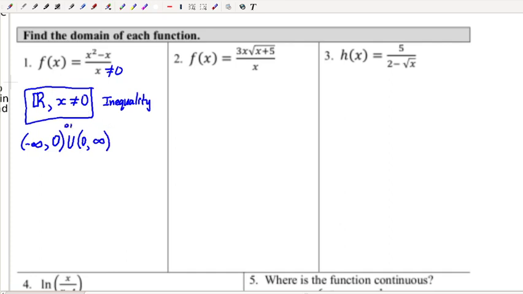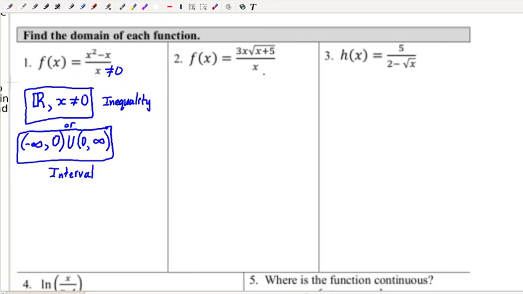So this is another way of writing my answer, your interval notation. Again, you need to know how to write and recognize them both, but when you're giving an answer, unless it specifies what you need, you can choose which one you want to do. So again, denominator not equal to 0.